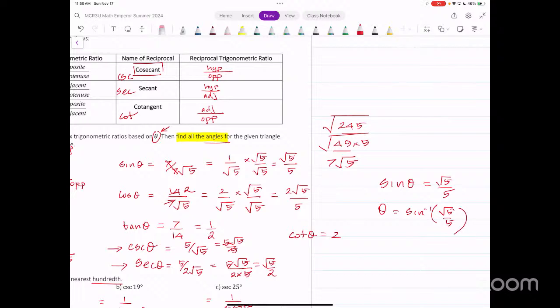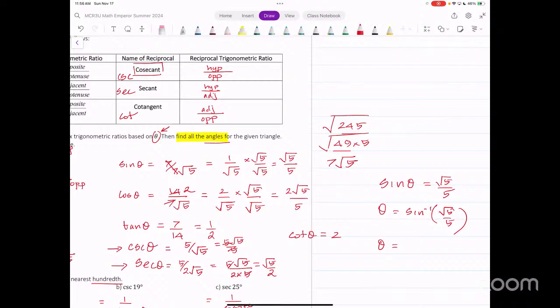Make sense? So can you guys find out what sine inverse of root 5 over 5 is going to be? Who has the answer?